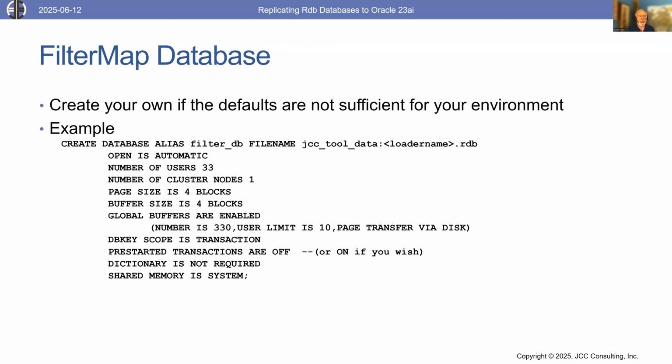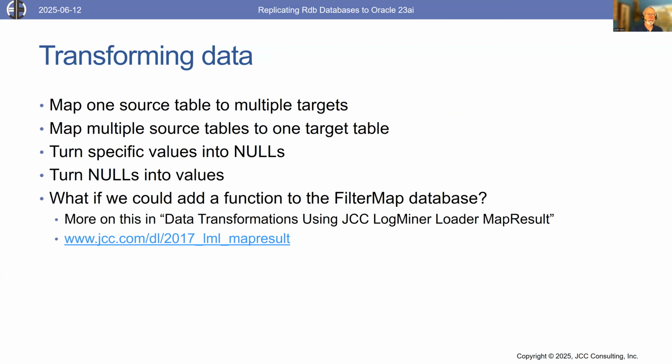The database has some specific characteristics, and occasionally we've run into cases where for a particular environment, the defaults aren't sufficient. And so you would use an example such as this to create the database. You can do some transformations using the filter map database.